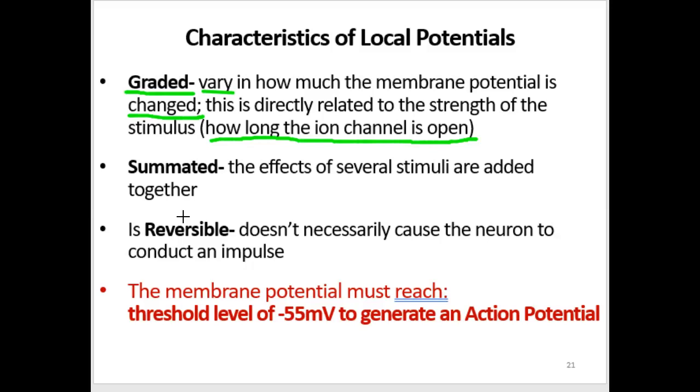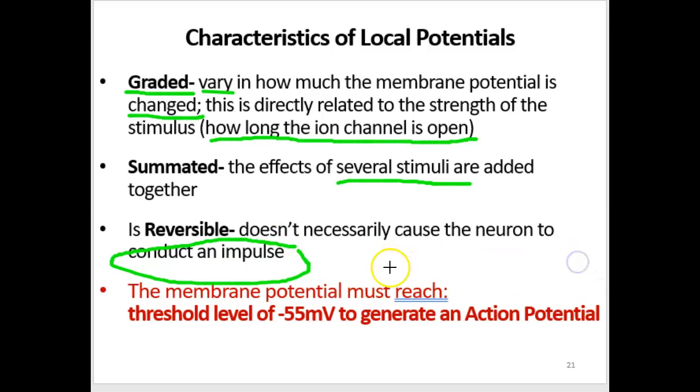What's most likely, though, is a neuron is going to receive several stimuli at once or over a short period of time. And those stimuli are summed up. We use the fancy word summated. But it's just because it's a cumulative effect of all the ions that come in. Now this local potential is reversible in the sense that it doesn't necessarily lead to a nerve impulse.